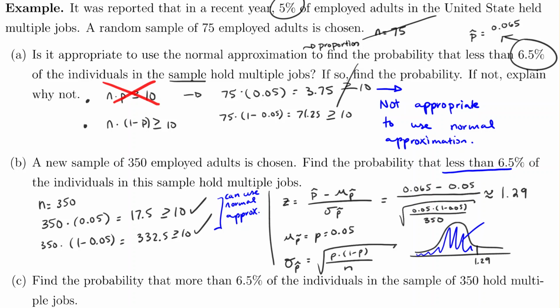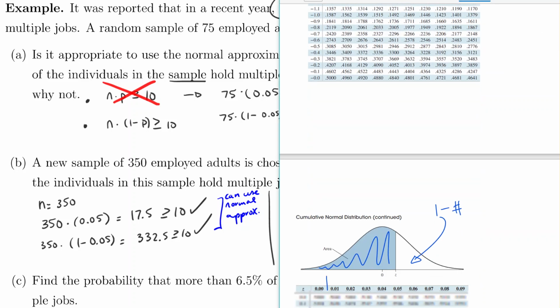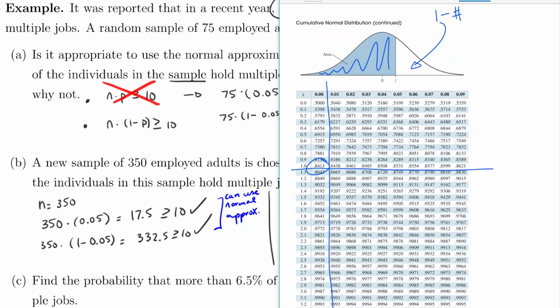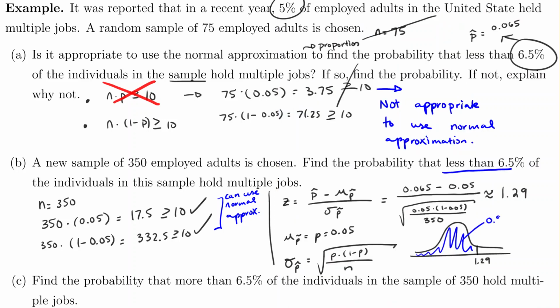Let's look at our chart for our cumulative normal distribution here. So I'm looking for positive 1.29 as my z-score. So here I've got my 1.2 row, my 0.09 column. Zooming in, that's 0.9015. And that is the probability that less than 6.5% of the individuals of the sample hold multiple jobs.